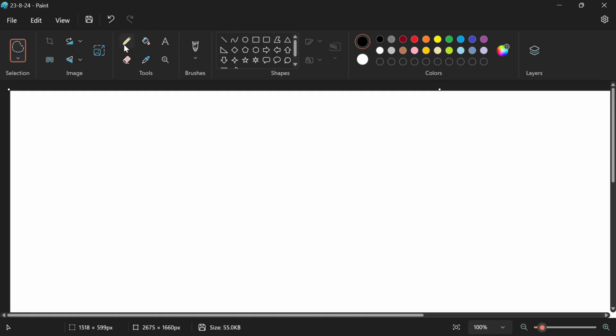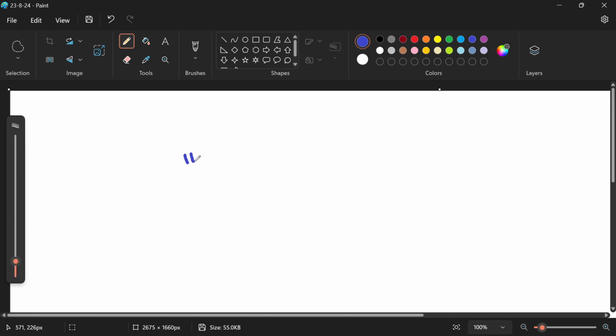Let's say we are given an expression with the input as 120 divided by 25 minus 1 by 3.